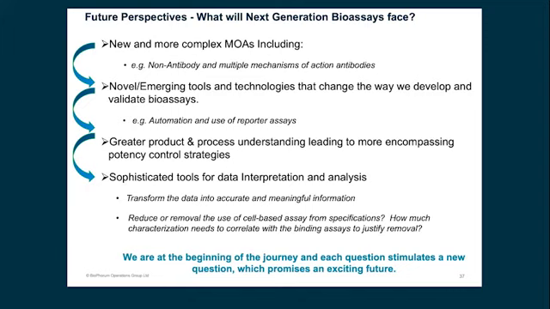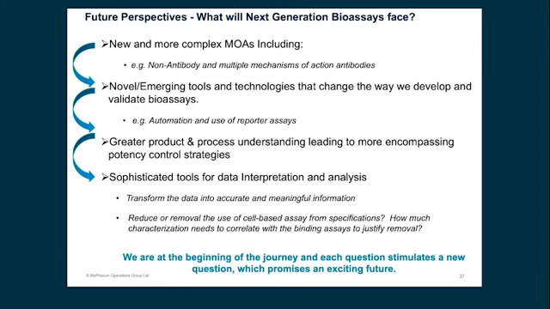Up to now, a lot of us have been limited by the number of samples we can run. The assays take multiple days to run. They have some failure rate, but with automation and reporter assays, we can implement much more robust cell-based assays, which lead to greater process and product understanding over time.